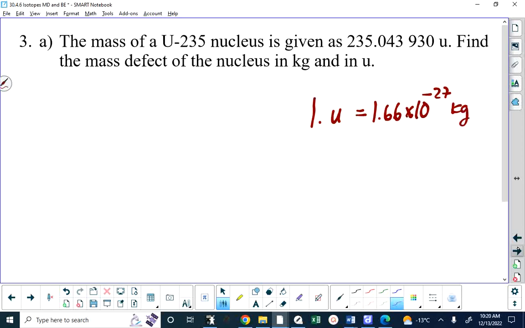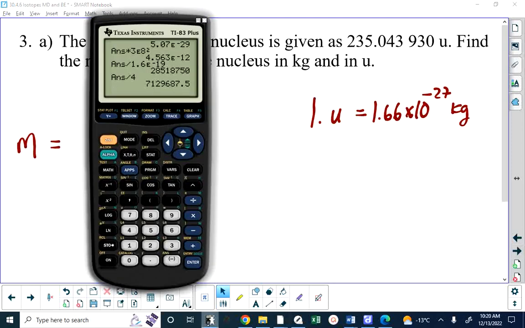That's on your formula sheet. So the first thing we really should do is convert that to kilograms, because the mass of the nucleus needs to be in kilograms, since we're going to compare its mass to the mass of all of the parts, which we know in kilograms.